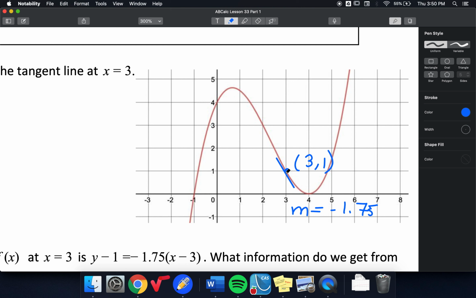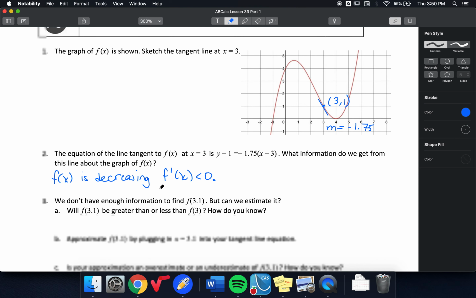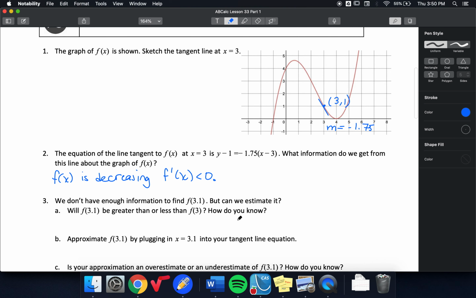Because I know the equation of this line, I can find a y value on the blue line when x is 3.1. So let's go back to that. So we can estimate it using the tangent.